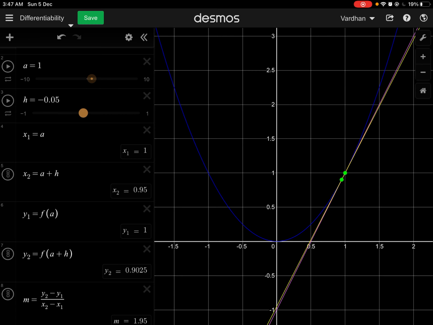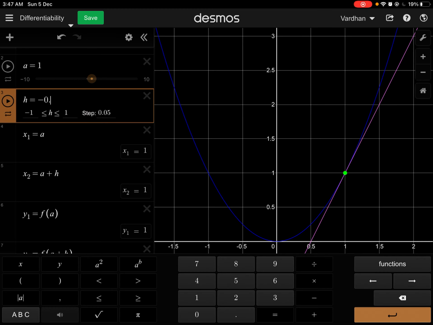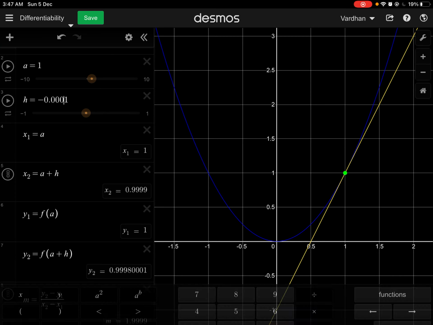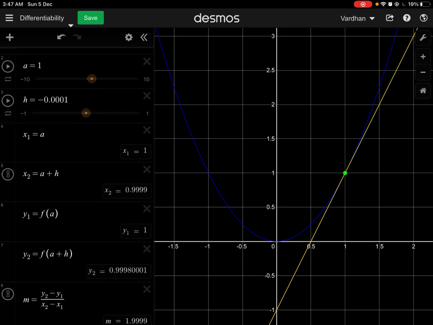Of course, when h is equal to 0 it is undefined, so that's why we're approaching it instead of just substituting the value. And if I were to make this really small, the yellow line would be a better approximation of the pink tangent line.